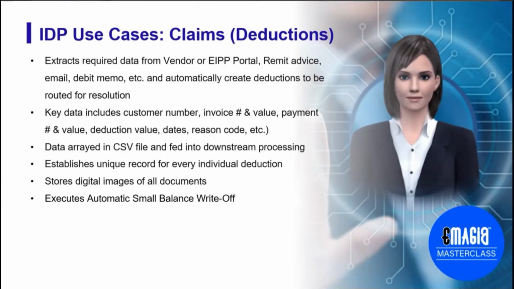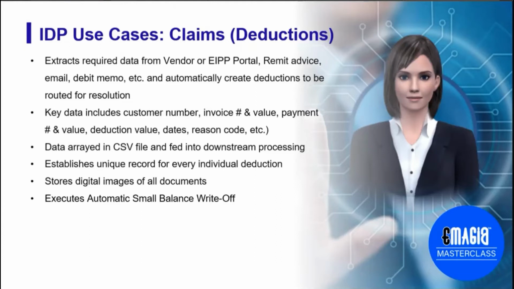Identify the customer, the invoice, how much they paid, how much they paid short. Reason code is important. If there's some indication on the vendor portal or the remit advice or other information provided by the customer as to why they took a short pay, that's very, very valuable. Because again, best practice in deduction resolution is to route the deduction to the resolver based on the reason code.